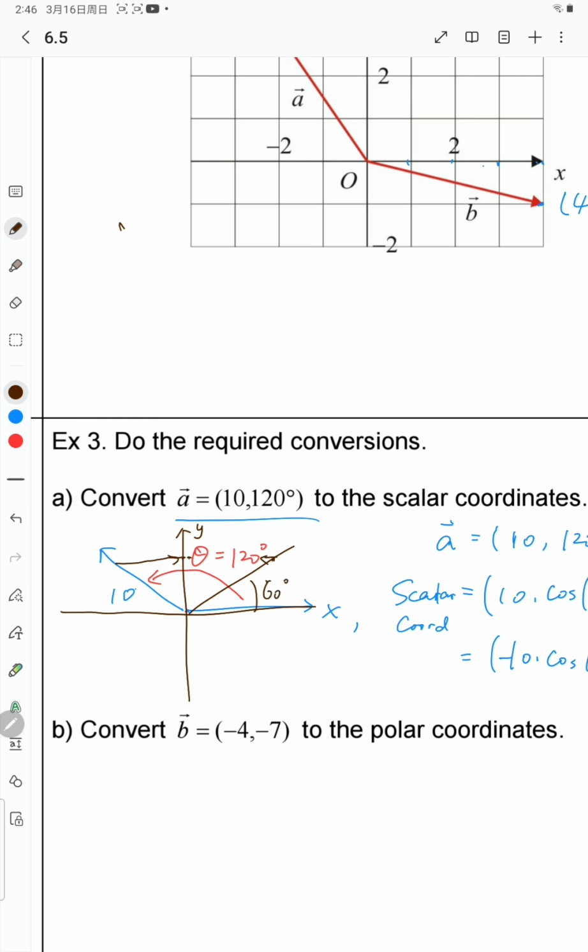Whether it's 120 or 60, and we put a shadow onto the y-axis, it will be the same, right? It'll all point out to here, right? So 10 times sine 120 and 10 times sine 60, it'll be the same.